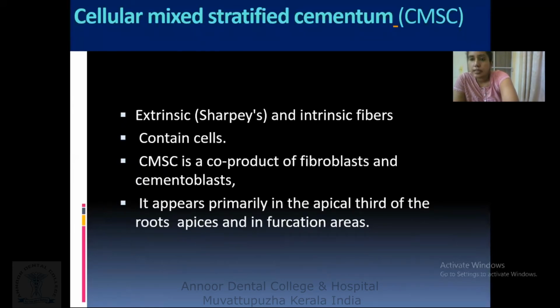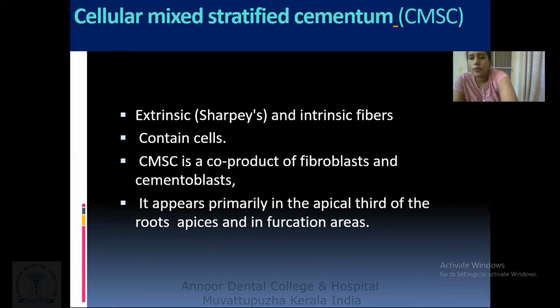The third group is the cellular mixed stratified cementum. It contains cells, and it is mixed stratified, so it has both the extrinsic fibers, the Sharpey's fibers, and the intrinsic fibers.